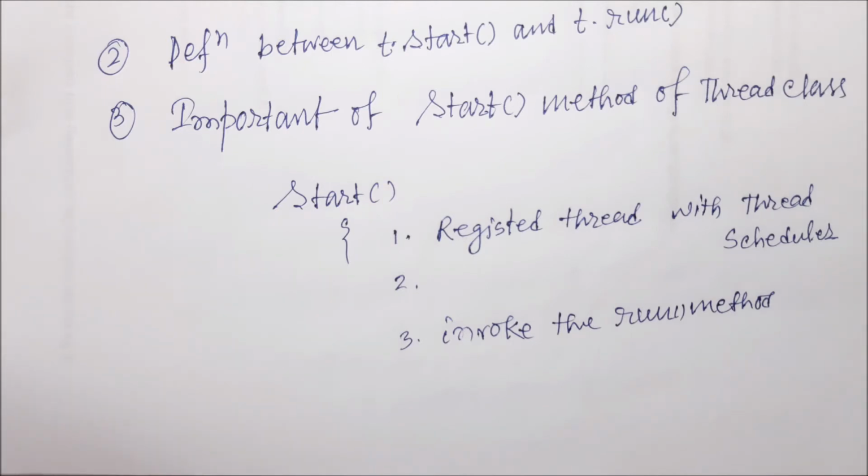First, it registers the thread with the thread scheduler along with all the other mandatory activities. Hence, without executing the thread start method, there is no chance of starting a new thread in Java. Due to this, the Thread class start method is considered the heart of multi-threading.